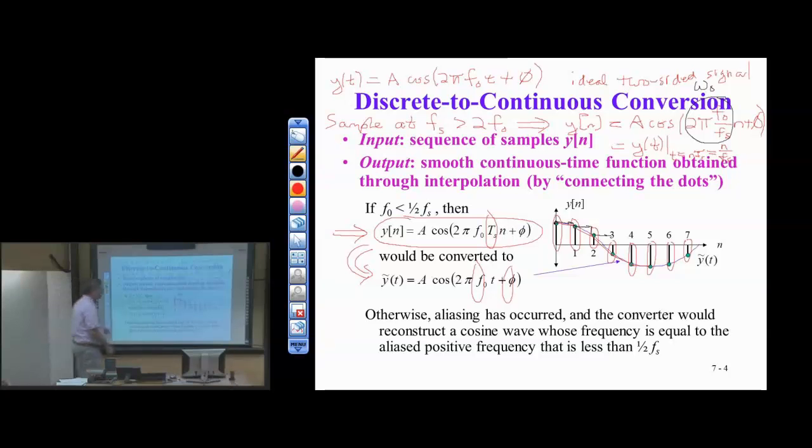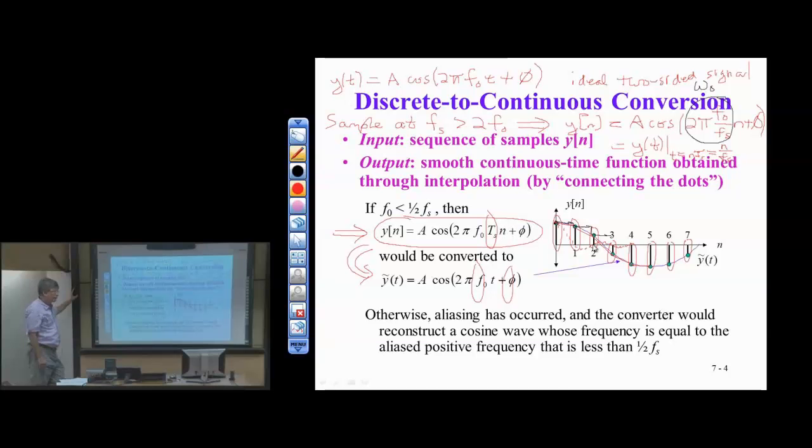But if we could take this sample and overlay a sinc, and we took this sample and multiplied it by a sinc centered here at 1, and this sample at 2 and put another sinc centered there, and we added up all the results, we'd get back exactly the cosine. The sinc is the best thing to do.